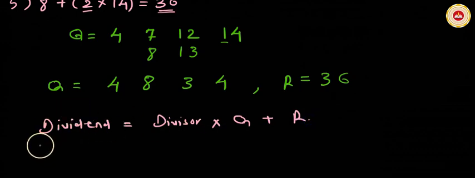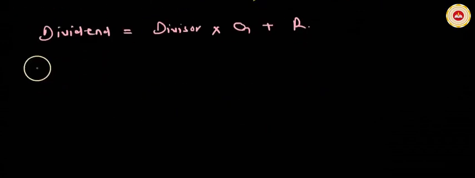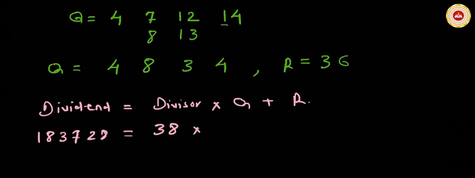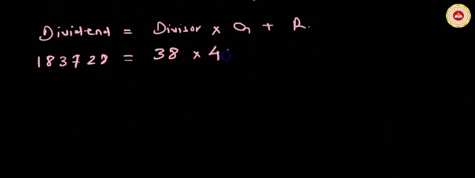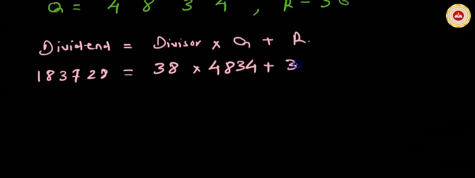The dividend here is 18,37,28, which should be equal to the divisor 38 multiplied by the quotient 4834, plus the remainder 36.